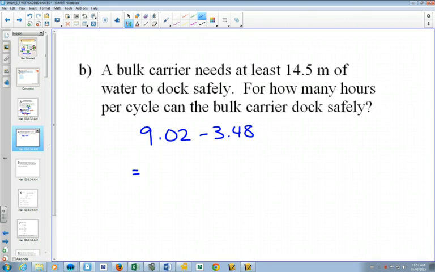What do we get? 9.02 minus 3.48, 5.54 hours. So that's using your graphing calculator and all of its powers.